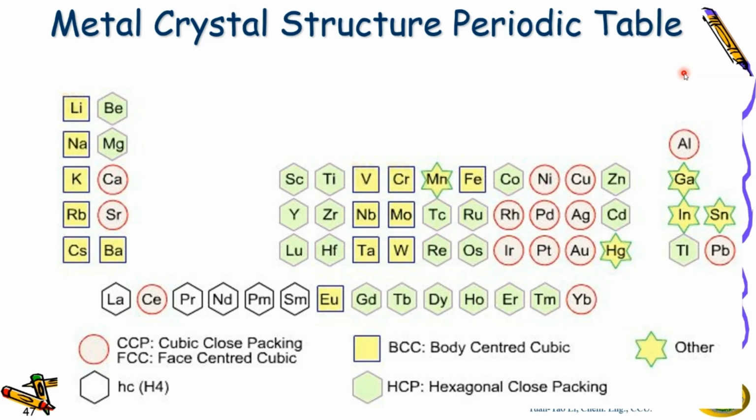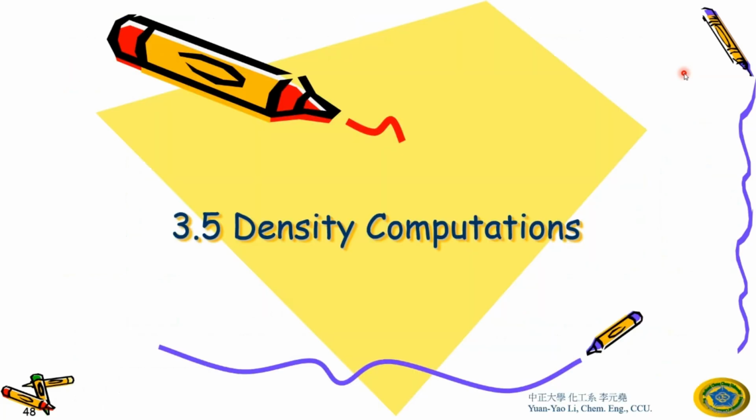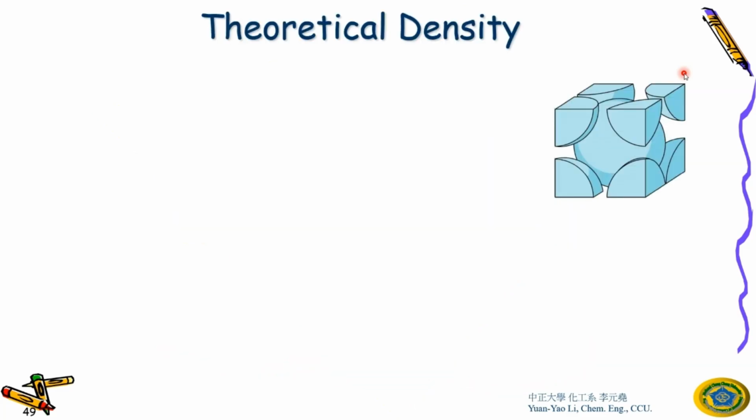For your information here. So let's move to section 3.5. We call it density computations. You know how to measure the density of a substance or of a material, right?